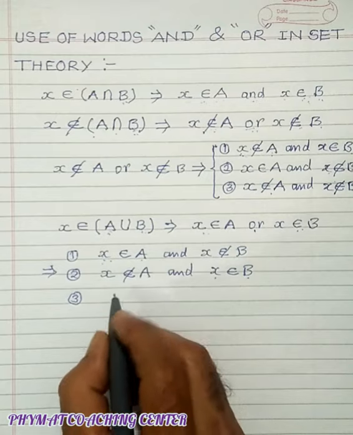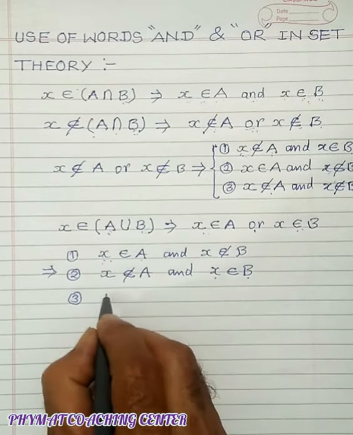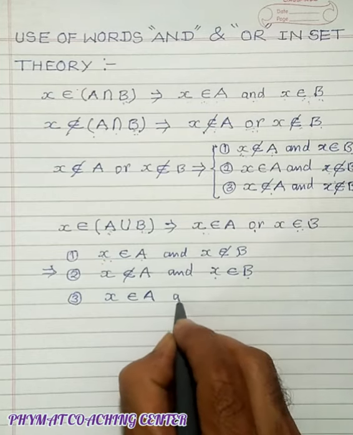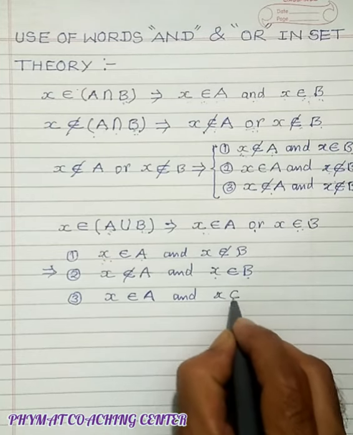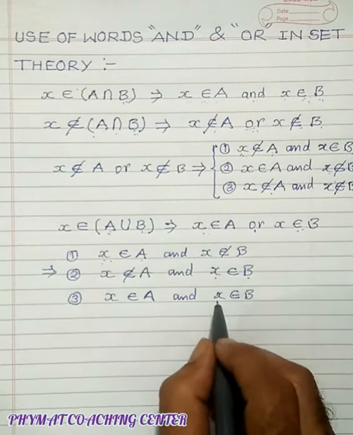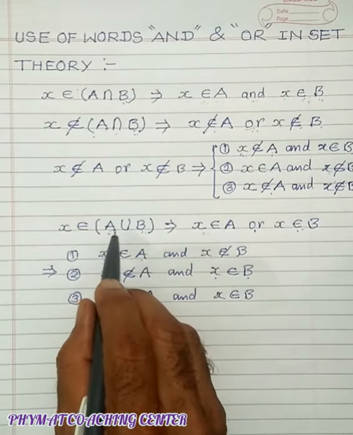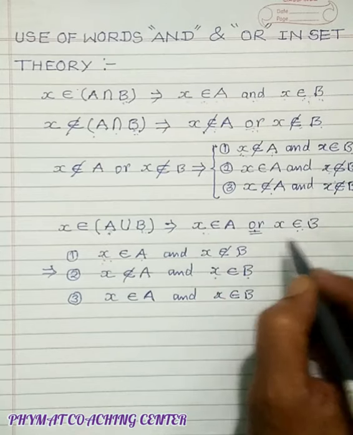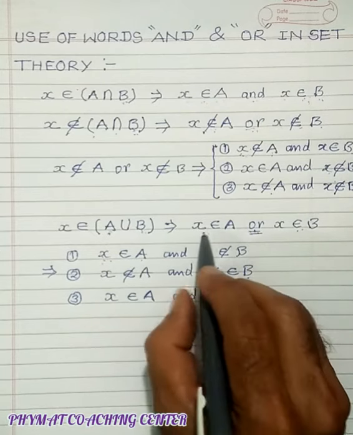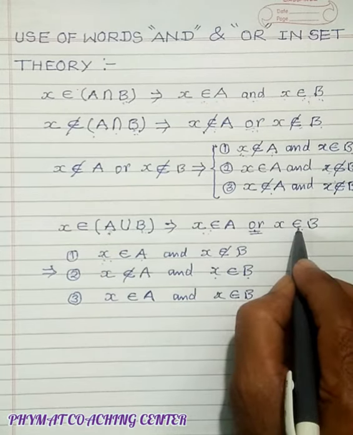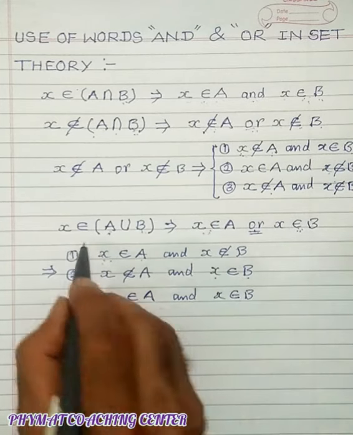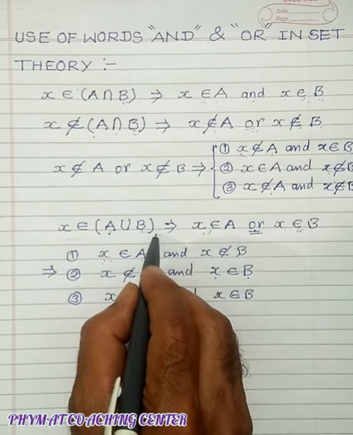Third possibility is both statements are followed together, means x is a member of A and x is a member of B. Then definitely it will be a member of A union B. Thus the use of word "or" reflects the fact that any of the two statements or both statements need to be followed together to satisfy the previous statement.